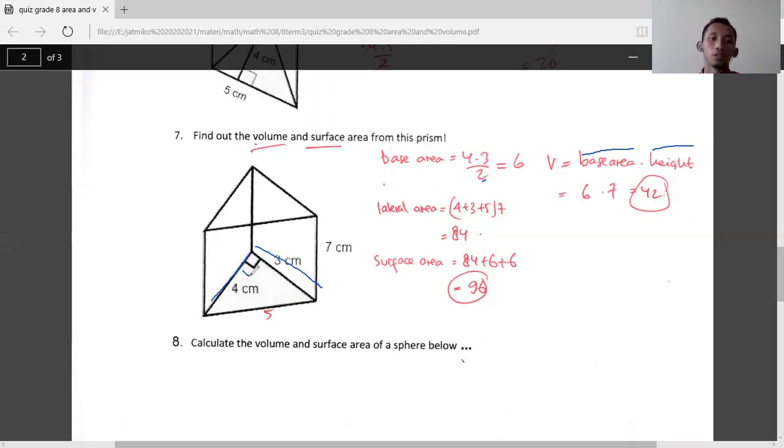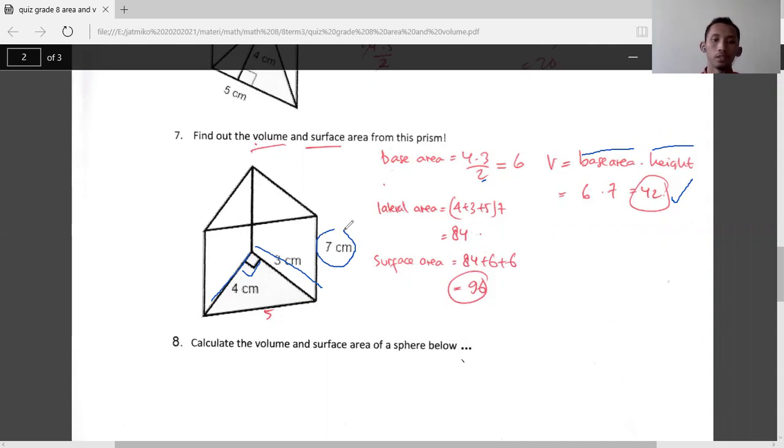Because here is a right angle, so this is the height. You can use this one for height or this one for height. So at least you can find the volume. And this one for the height. No need to divide it by 3 because this is a prism. It's not a pyramid. And then how about the surface area?